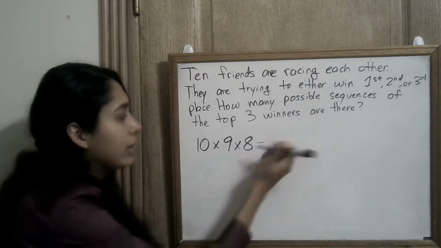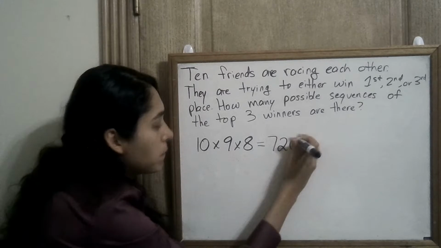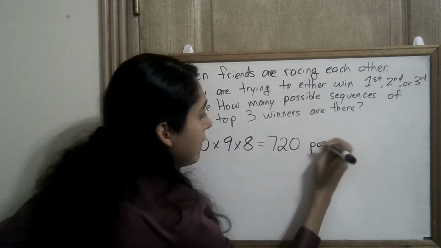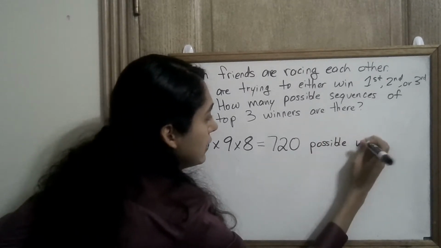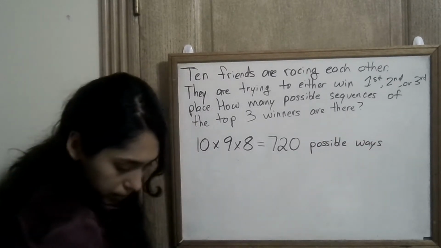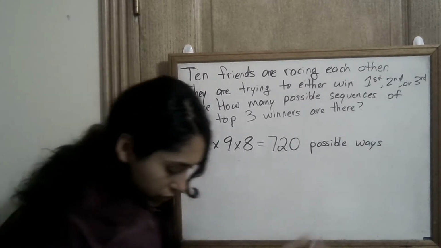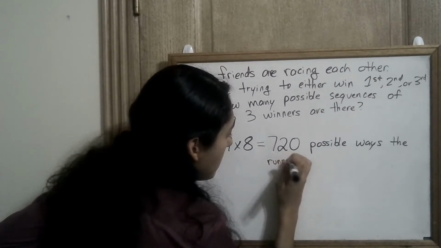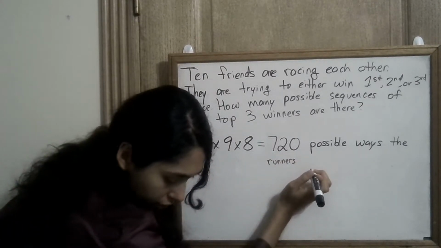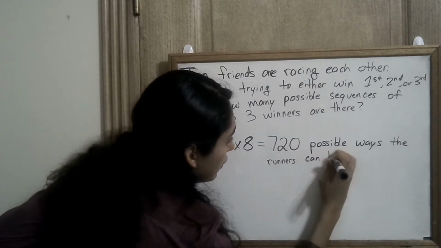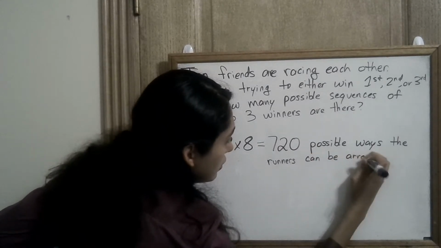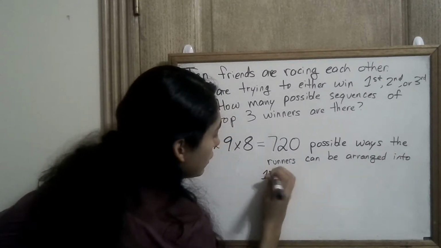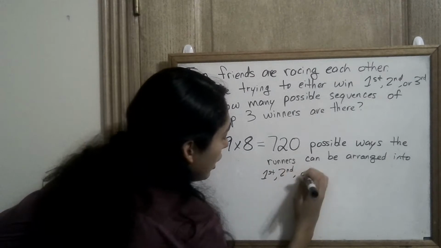Multiply that by 8, I get 720 possible ways the runners can be arranged into first, second, and third place.